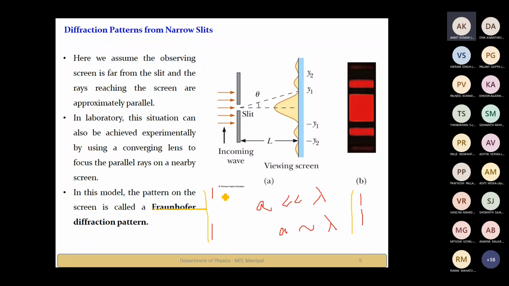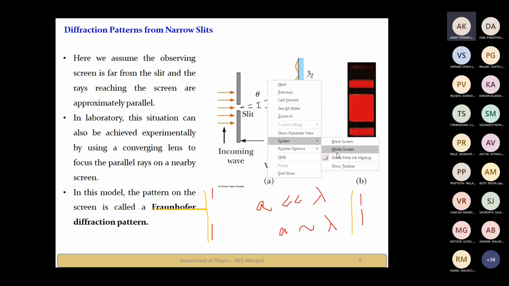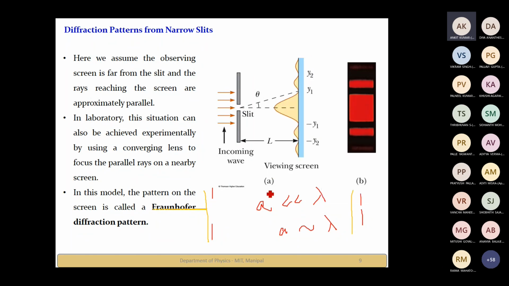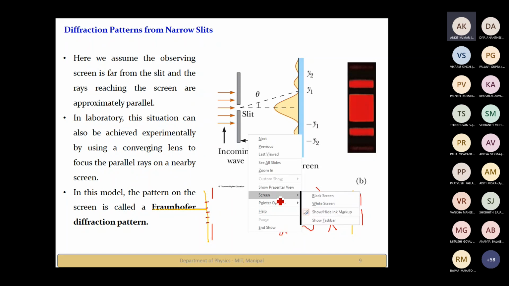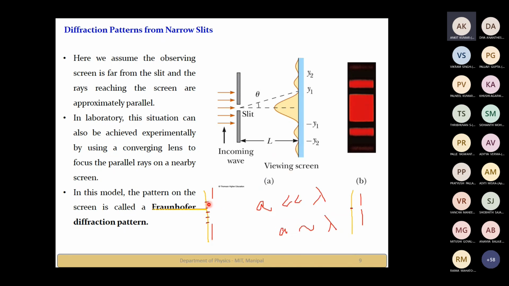Okay. Now we all know that there are point sources on the wavefront, right? Now, the moment you increase the width of the slit to be comparable to the wavelength of light, the large portion of the wavefront occupies the width of the slit.